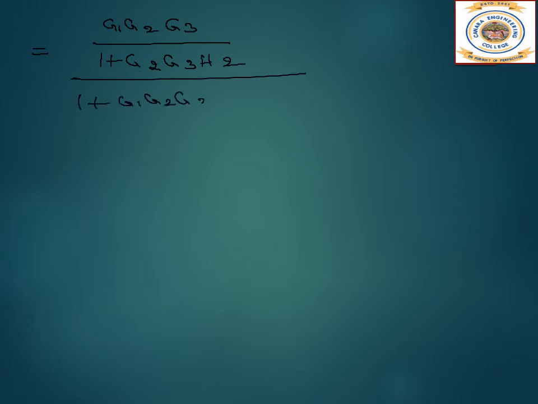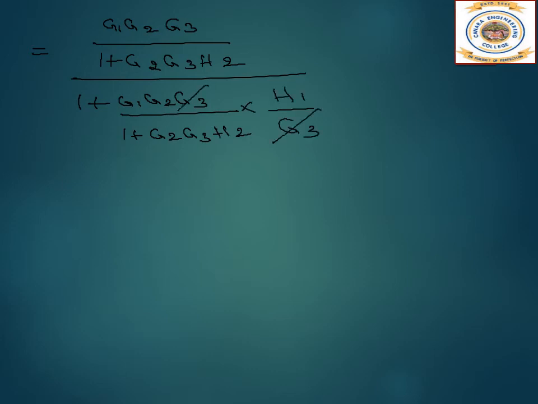So we know that G1, G2, G3. G1 is in series with this, so 1 plus G2, G3, H2. This whole thing is G of S divided by 1 plus G1, G2, G3 divided by 1 plus G2, G3, H2 into H of S, which is H1 by G3.